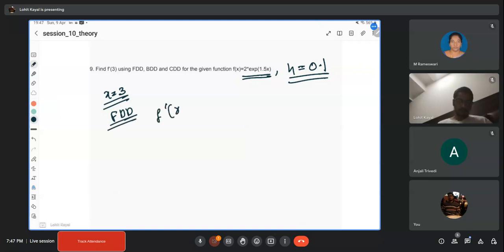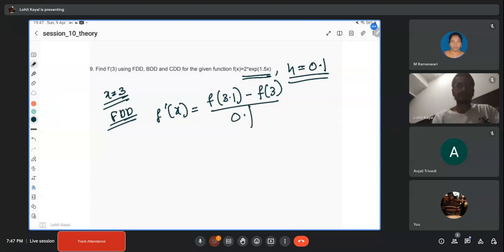So f prime of x equal to f of 3.1 minus f of 3, divided by 0.1. Okay, so let me calculate the answer.